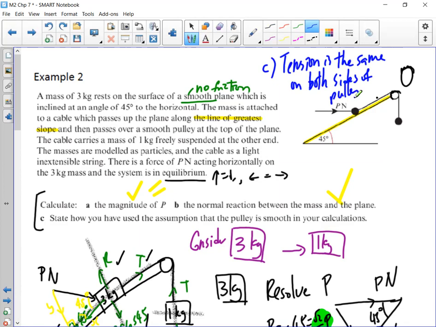That means whatever you push in there, it'll be the same encountered on the other end. So that's when a pulley is smooth.